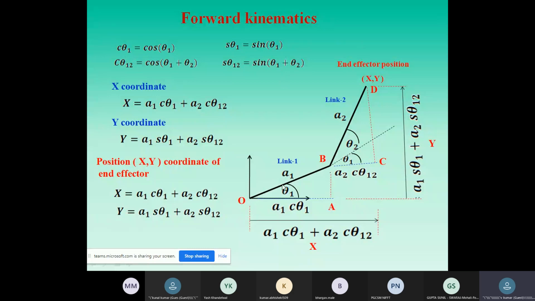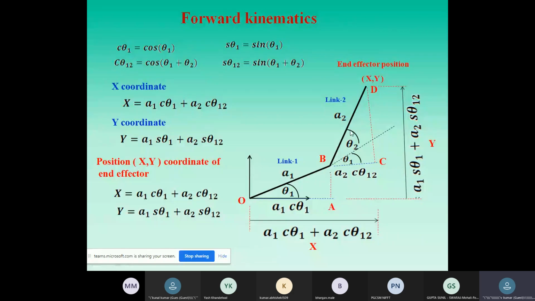Here link length A1 is given, and theta 1 is the angle of the link with respect to the x axis. This is theta 1. Theta 2 is the angle with respect to the previous link. This is theta 2, with respect to the x axis parallel to BC.